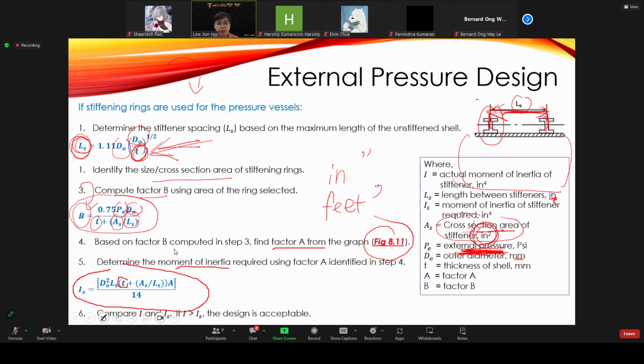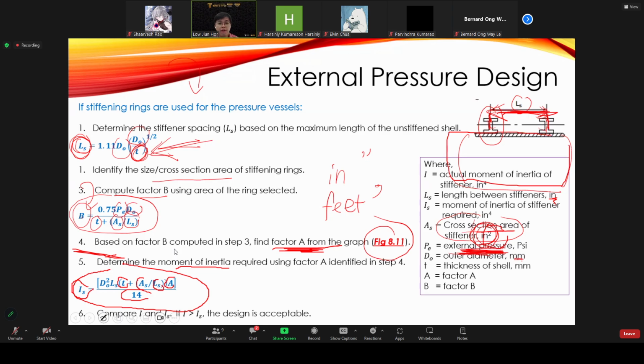T, assumed thickness. AS, cross section of our ring. Be careful, A here is factor A, identified based on step number 4 here. Then divided by 14, to get the moment of inertia for the pressure vessel.